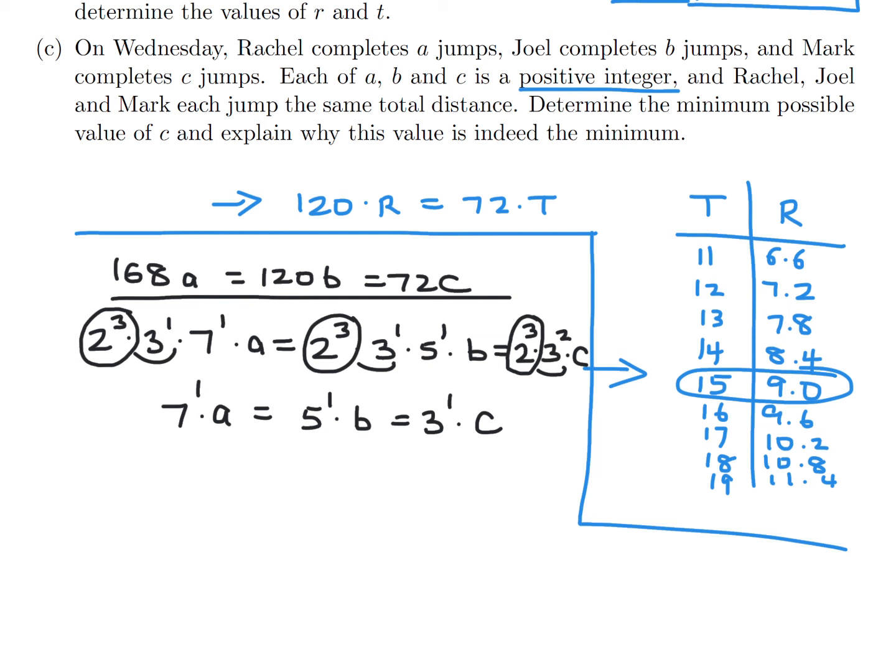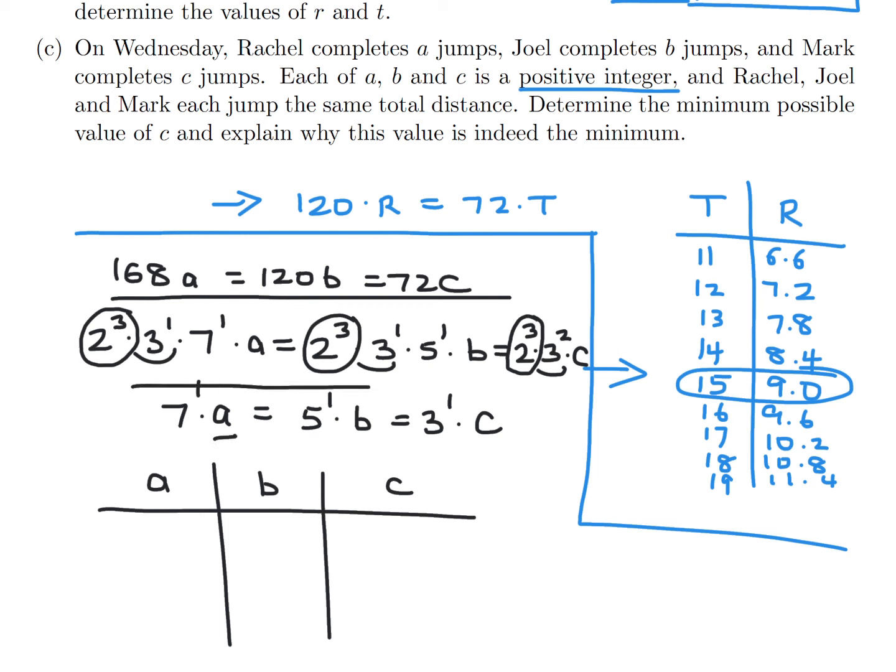What I believe, and this should be pretty intuitive, is that in order for all this to be equal, the A has to have a 5 and a 3 in it. Since A is going to have a component of 5 and a 3, let's just make it 5 times 3 for now, because we're looking at the minimum.